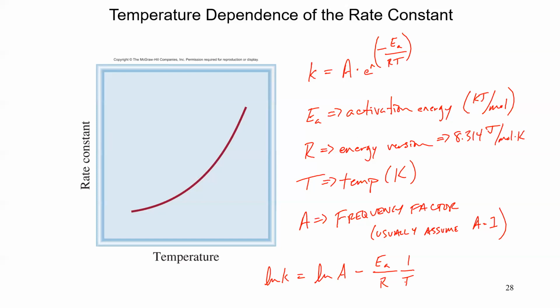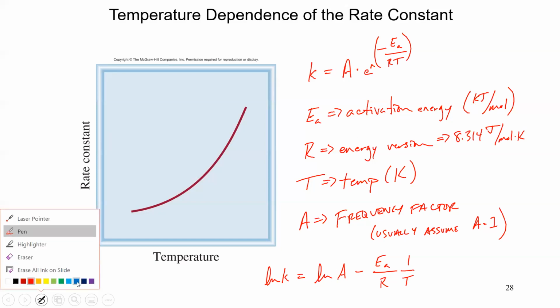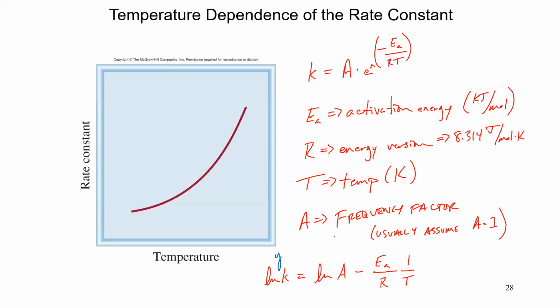And so again, if we're trying to think about this as a linear equation, this is our y. This would be our b. The negative EA over R is our slope. And then 1 over T is our x. And so this will give us a straight line for that rate constant and temperature relationship.